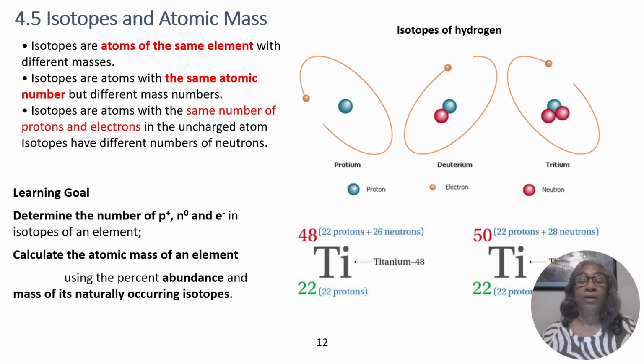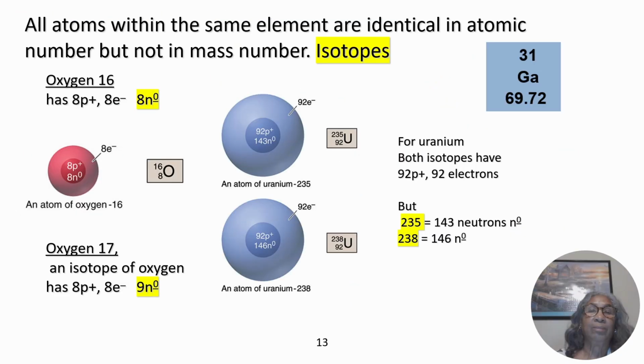So they will have different masses, but they will have the same reactivity because the 3 of them will have 1 electron. The second example here is titanium that has 1 isotope with 48 atomic mass number, and the second one is 50 because it has a different number of neutrons.